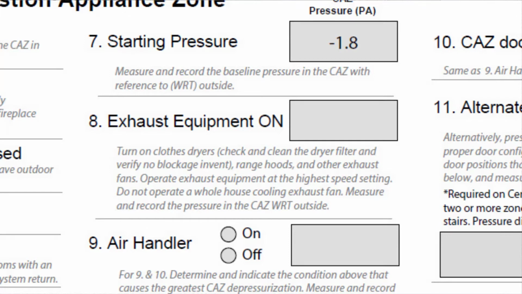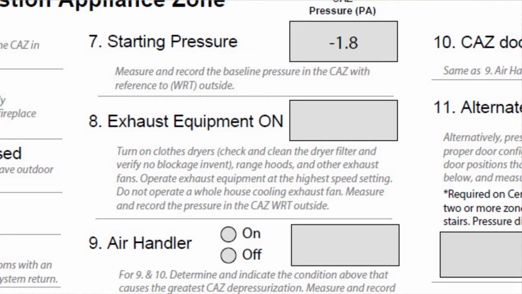Now step number 8 is to turn our exhaust equipment on. It says turn clothes dryers on. You want to check and clean the dryer filter and verify there's no blockage in there. Any range hoods or other exhaust fans that are exhausting to the outside. And it says operate exhaust equipment at the higher speed settings.